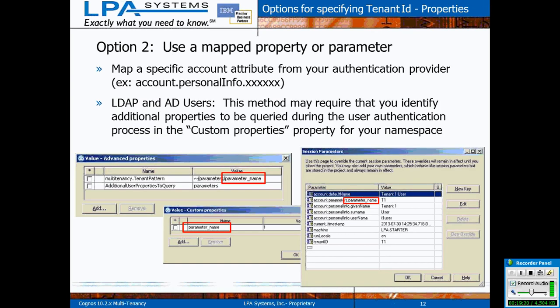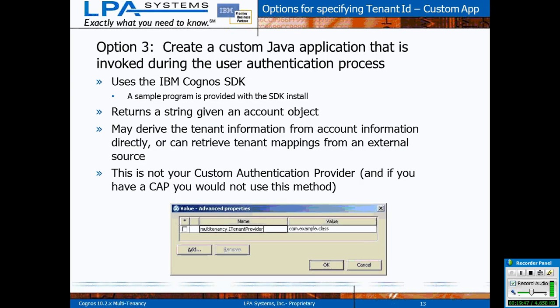Option 3 is for when the ancestor array and the account object neither are suitable in your implementation to hold the tenant ID. This may be because the tenant ID comes from multiple sources. Maybe who logged in, I need to go and query another system and get the tenant ID from that other system, which is not something that would be in my LDAP, and it's not something maybe that would be in my authentication source.